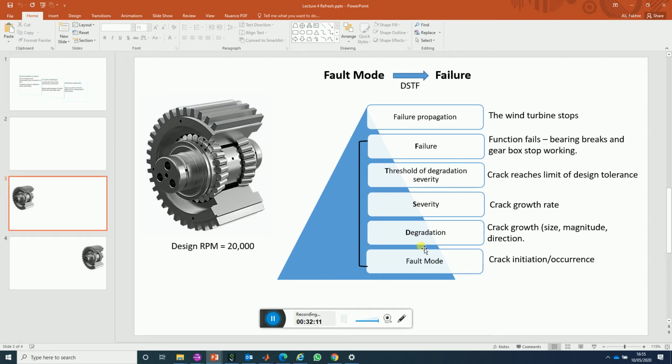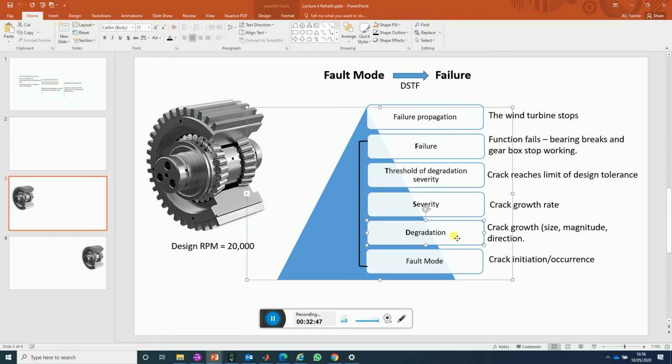Let's say the design limit for the crack for this bearing to break was determined, in these conditions of rotation speed, in this RPM condition, and given the lubrication of a certain amount, this bearing can only sustain, for example, 10 millimeter of crack in any geometrical coordinate. Okay, so the crack here is the fault mode.